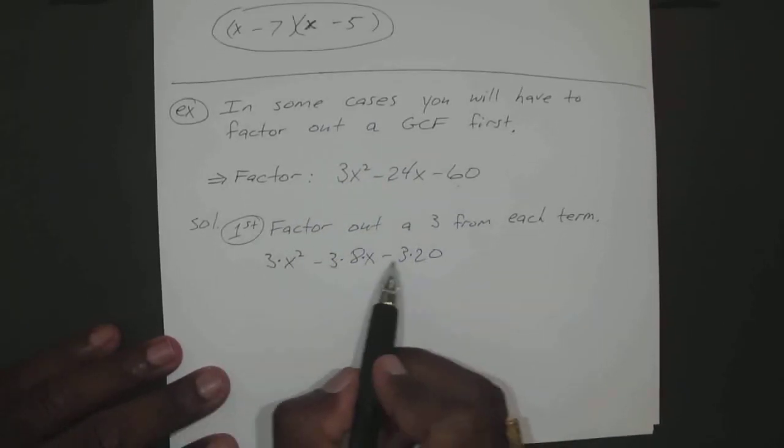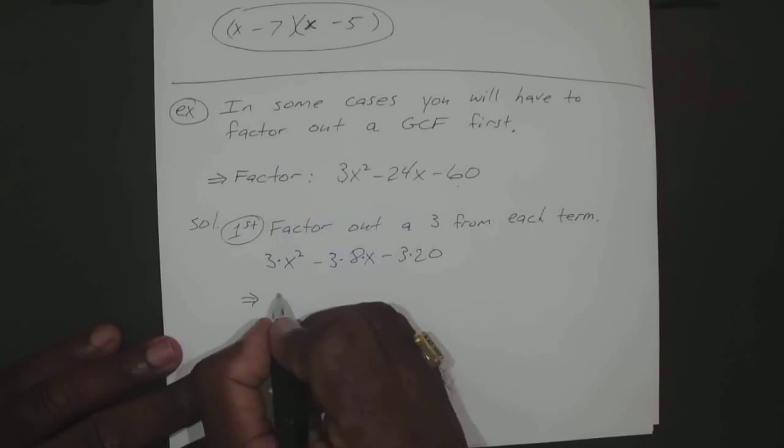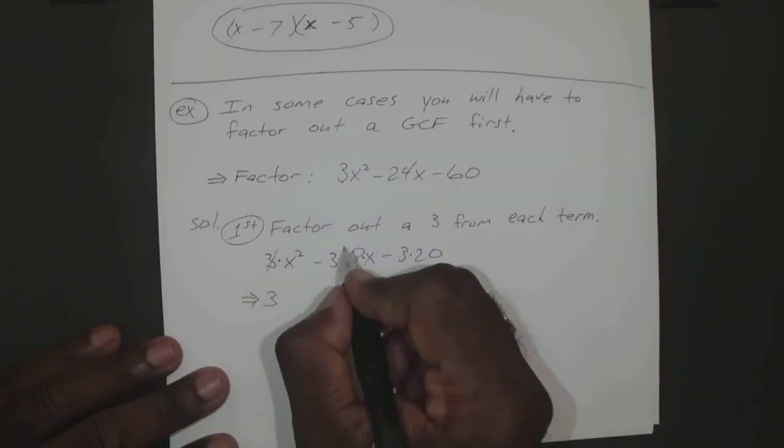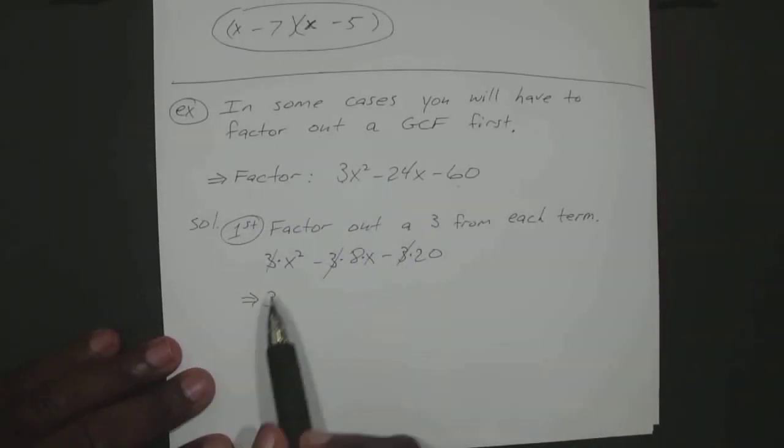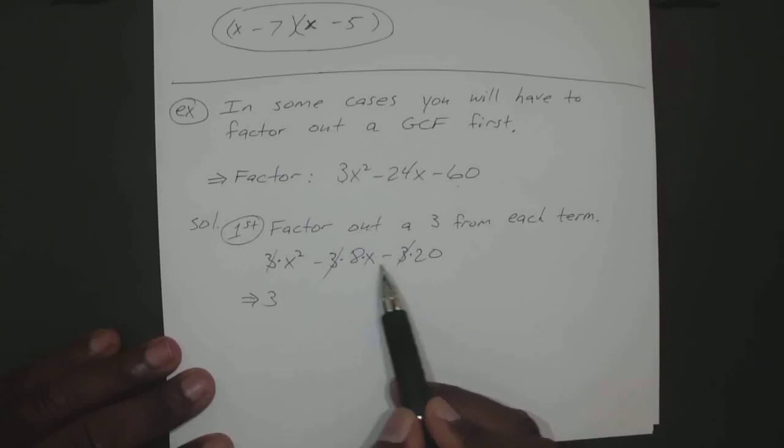So if you factor a 3 out of each of those, you have x squared minus 8x minus 20.